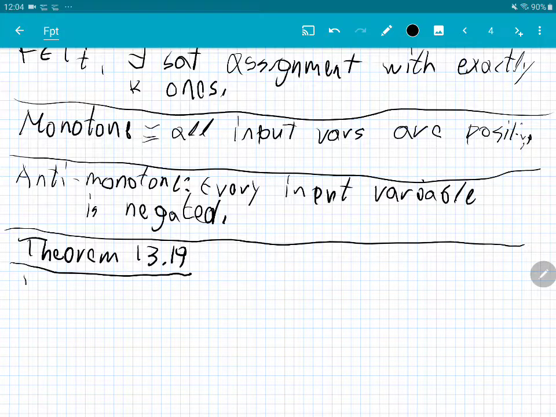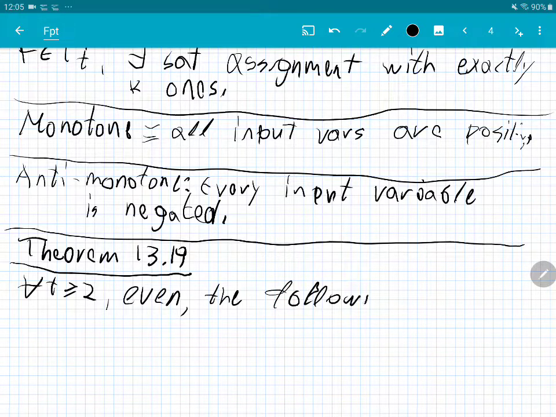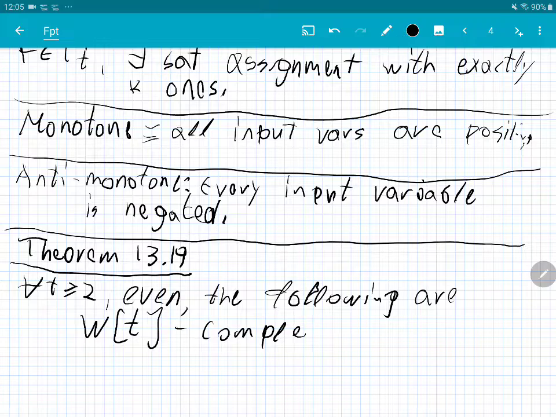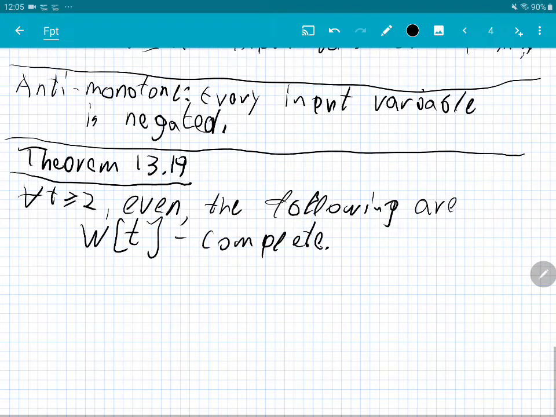For every t, even, very important, the following problems are W T complete. So let's see, what is the list?